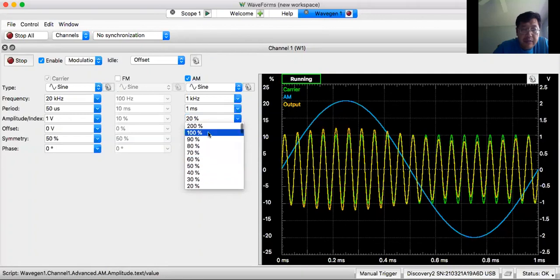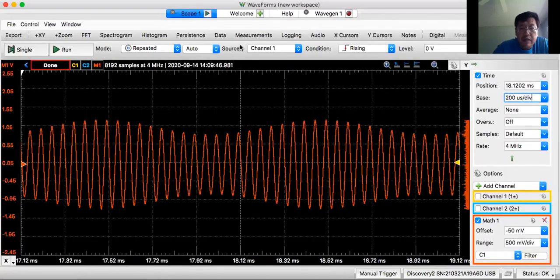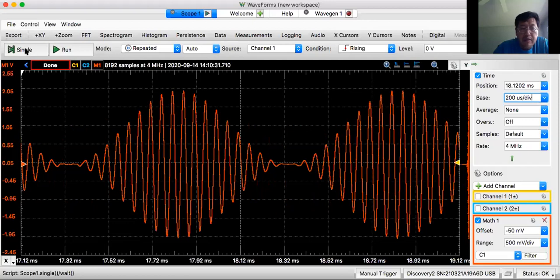So that's the maximum modulation, 100%. And let's look at 100%. So this is the maximum modulation, 100% modulation.